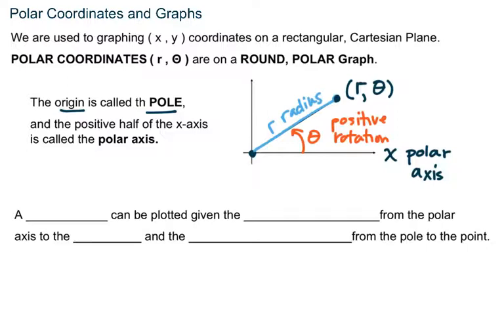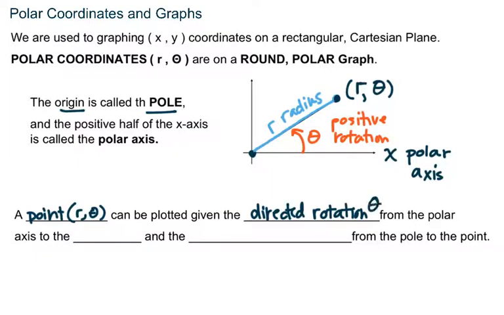So what we can think of is that a point, R comma theta, can be plotted in the directed rotation. So we have a direction. We have to go the way that theta is describing.